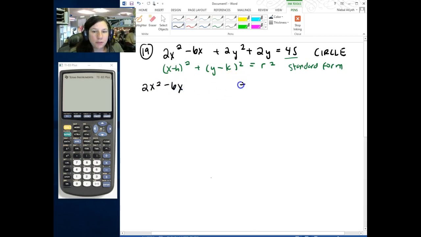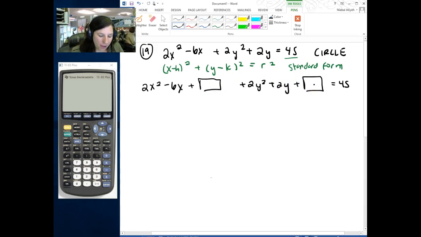So I'm just going to space these out a little bit more and separate the x's and the y's. What I want to do is insert numbers here so that I am able to reduce this down to the form that they want.